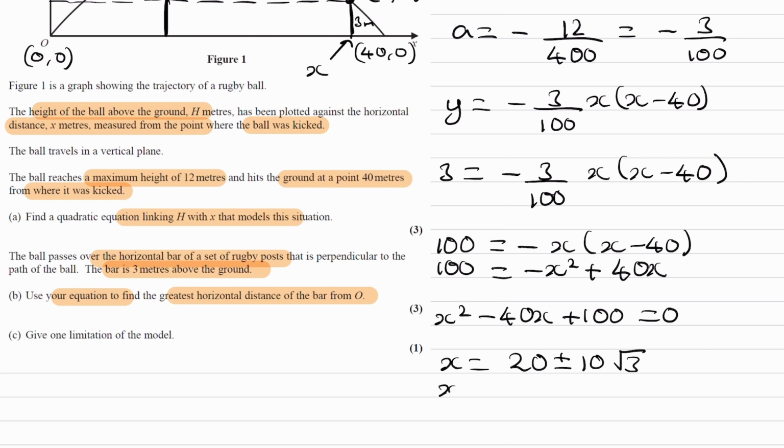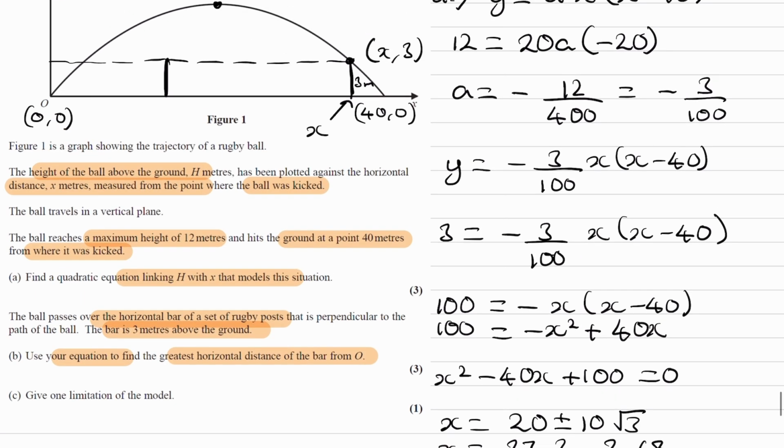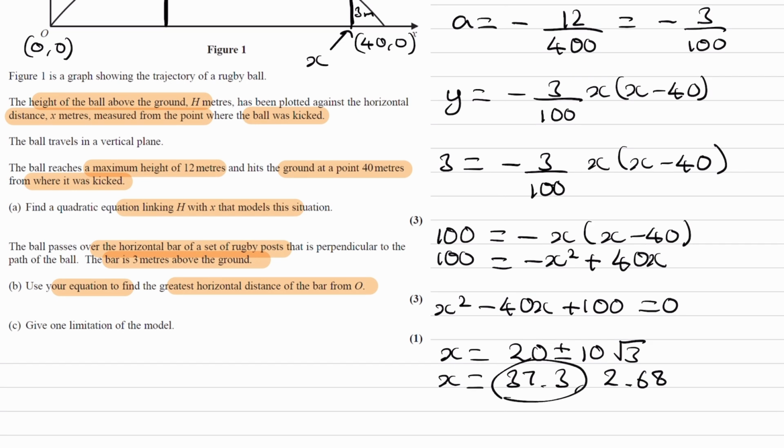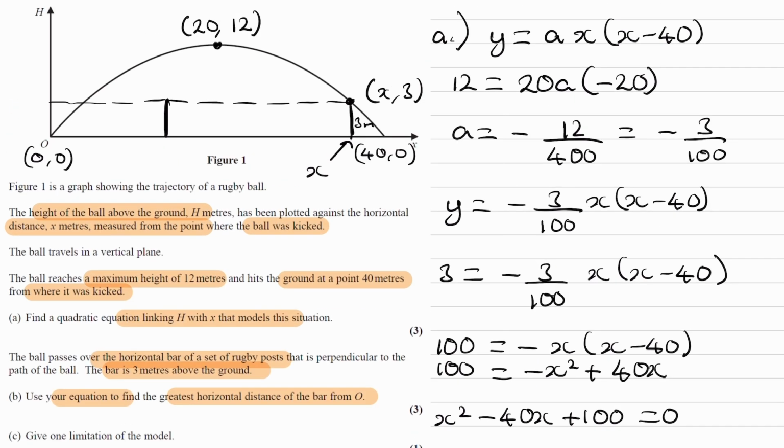As decimals, those two are 37.3 and 2.68. So we want the greatest horizontal distance of the bar from O. Therefore we pick the bigger one, the 37.3. What the 2.68 actually represents in the diagram is when the bar is over here, on the left-hand side.